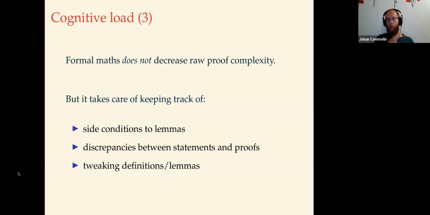And similarly, if you want to say, well, just take these 10 pages and make these changes and then apply them, well, then you just copy paste those 10 pages of formally verified mathematics. You quickly make these changes, and then the computer checks that everything actually worked, and you can check that they apply in your situation. So yeah, it definitely keeps track of these extra contributors to cognitive load.